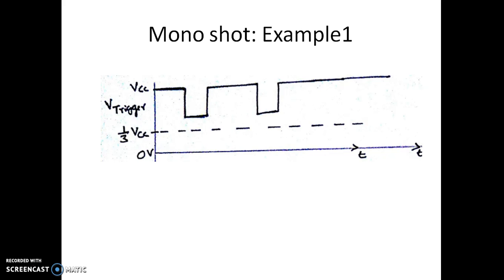Let us consider a trigger signal which is VCC over here, and it is like a pulse, but it is never going below VTL, that is 1/3 of VCC. If it is not going below 1/3 of VCC, let us see what happens to the output voltage.